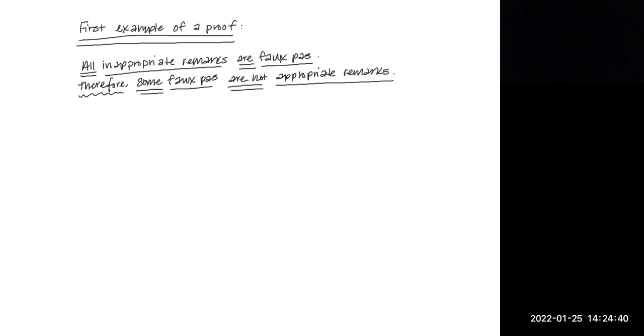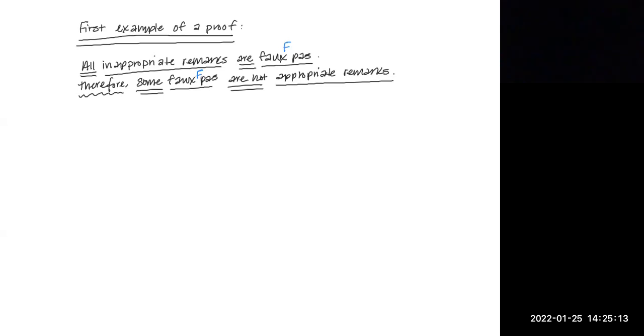Now, one thing that we have to look for, and it's shown immediately in this first example, is that not only will you use term complements when you are performing obversion and contraposition, but you also have to look for them when you are translating an argument in order to prove it. So we can see here that faux pas and faux pas are exactly the same. So let's just use an F to represent those terms.